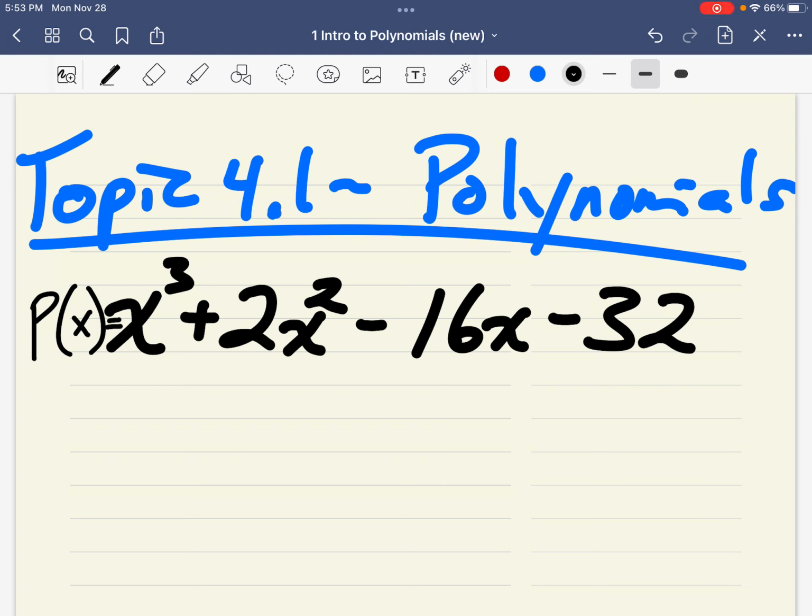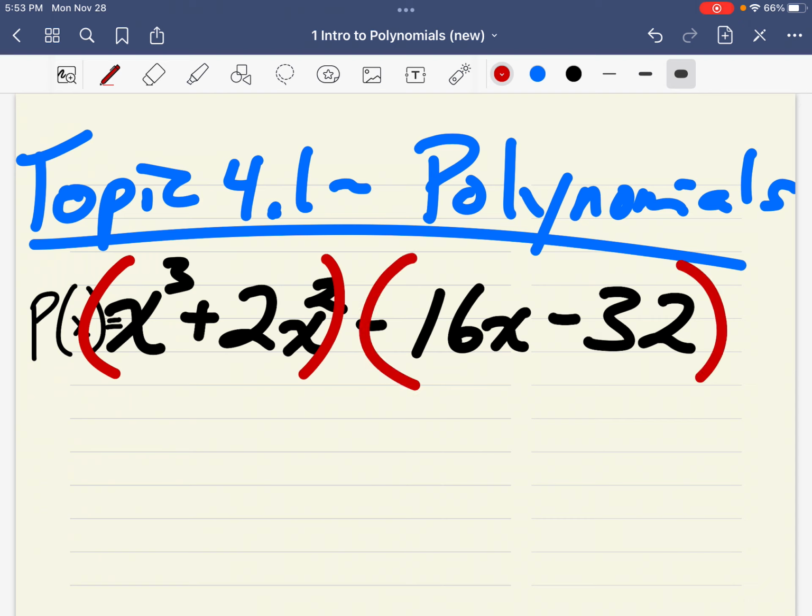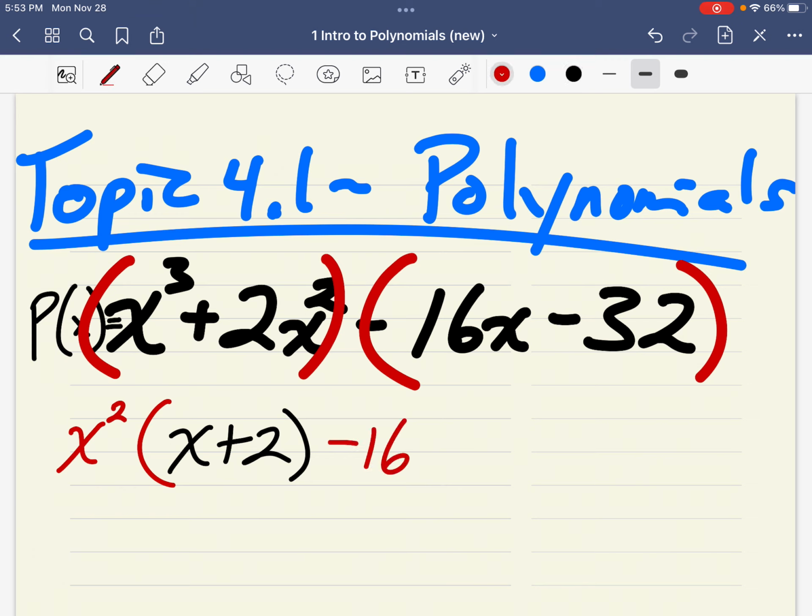So just kind of watch, because does this look familiar from the last chapter? Yeah, there are things that you've done with polynomials already, like you factored them, perhaps using a grouping method, where you would take out a greatest common factor and hope that when you did this correctly, you would be left with the same thing.